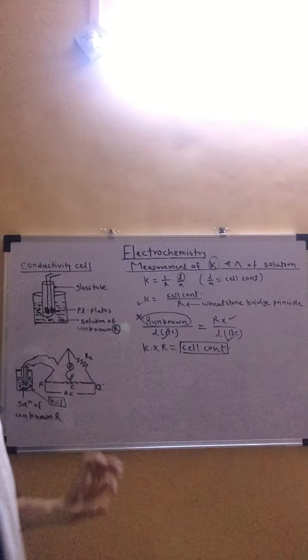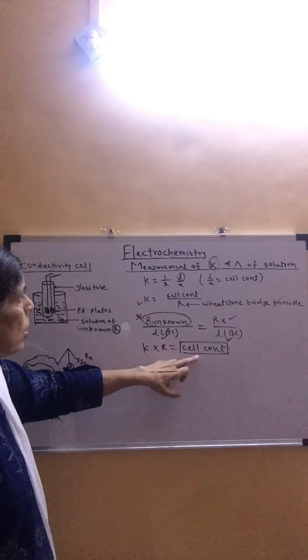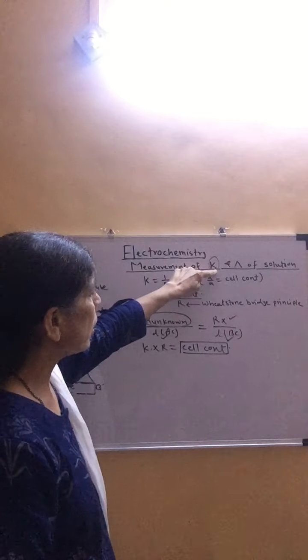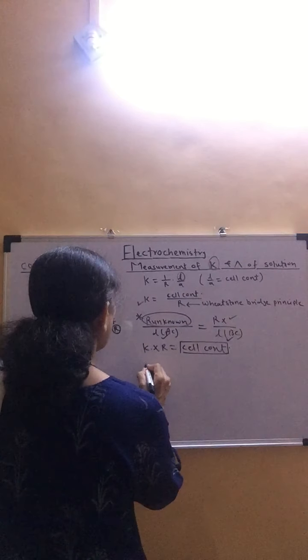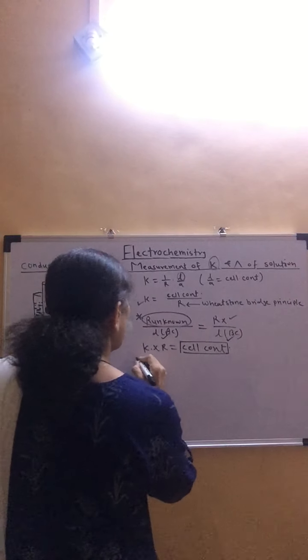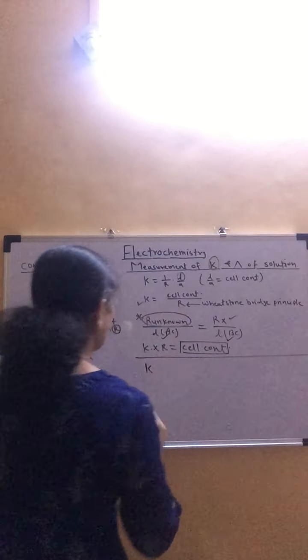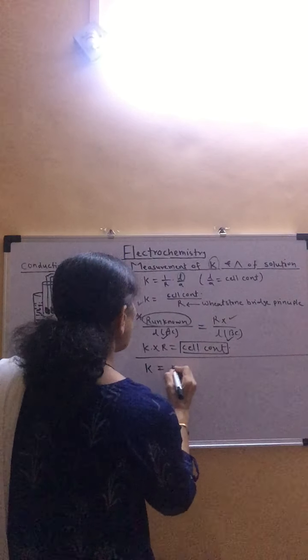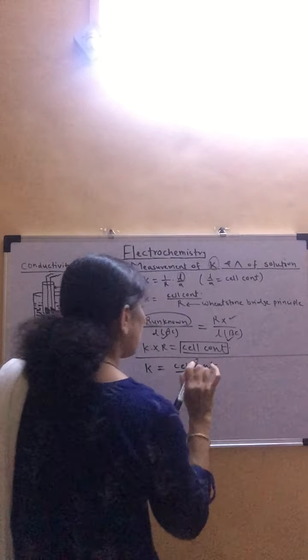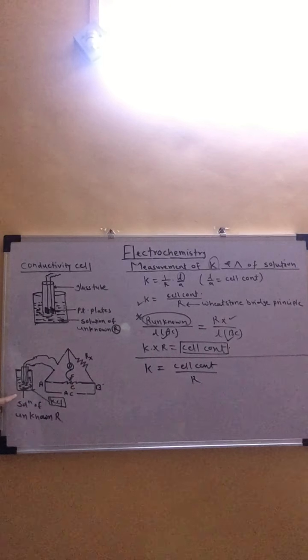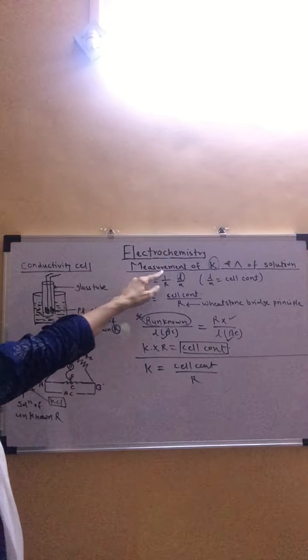After getting the cell constant, how do we determine conductivity? Again the same formula, K is equal to cell constant upon R. Now the KCl solution is removed from this particular cell and replaced by another solution of which the conductivity is to be determined.